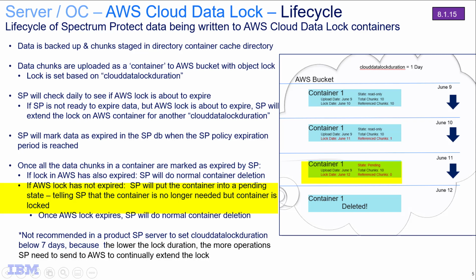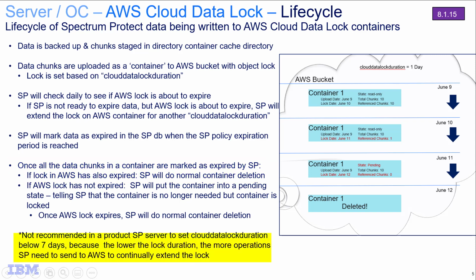And this is one reason why you want to make sure that your cloud data lock duration is going to be shorter than the expiration date that is associated with the Spectrum Protect management class and policies. Because we don't want the data expiring off, but Spectrum Protect not being able to clean that up because the cloud data lock duration is still locking down that container.